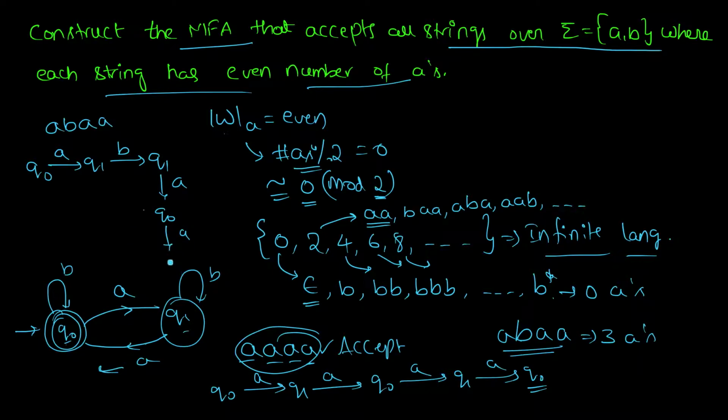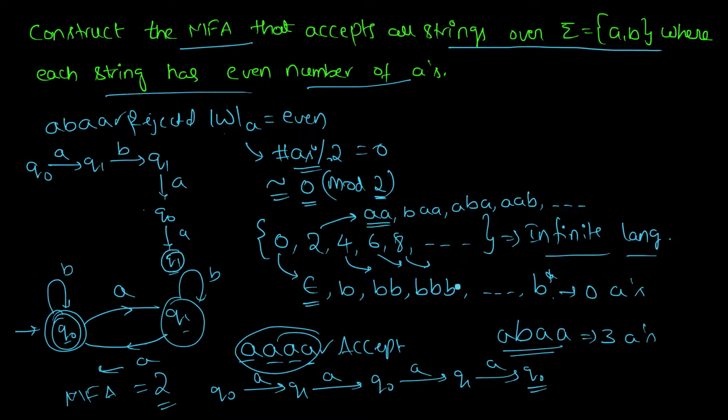On seeing A from Q0, it goes to Q1. Since we have exhausted the string and we didn't reach the final state, Q1 is not a final state, we say that this string is rejected. This is not in our language. So this DFA accepts all strings having an even number of A's, and indeed this is a minimal finite automaton, because we cannot reduce the number of states to less than 2. The number of states in this minimal finite automaton is 2.